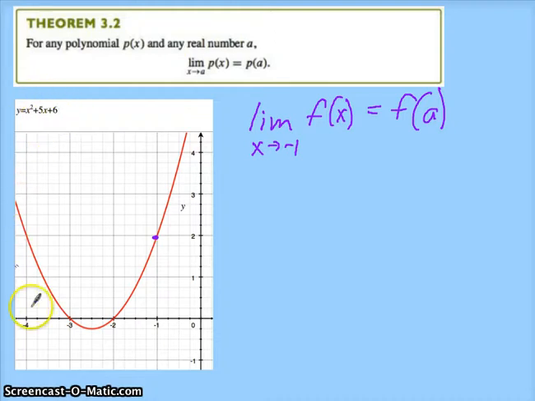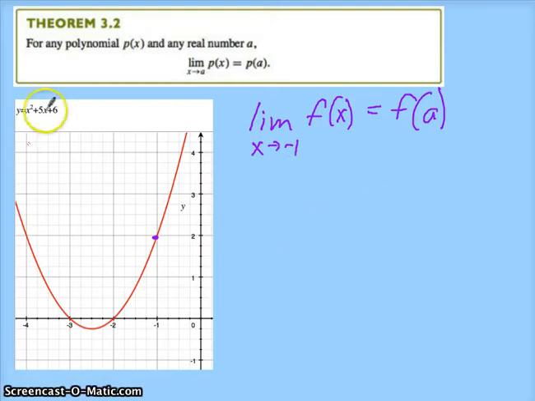A polynomial will always be continuous, and therefore finding the limit of a polynomial for any value of x as x approaches any value is simply the value of that function at that value of x. That was a lot of values and x's, all right?